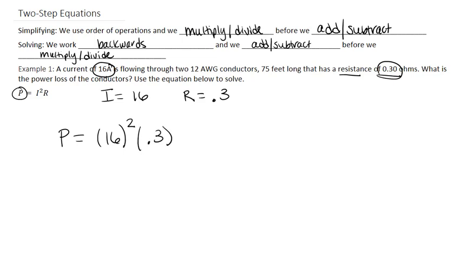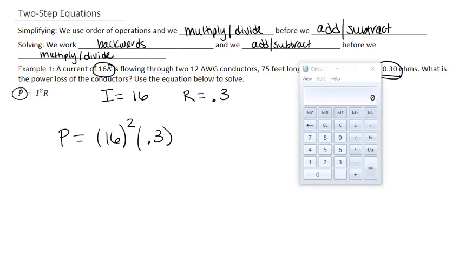So the first thing we're going to do is deal with our exponent, as that's part of our order of operations to first deal with. So we have 16 times 16, because the exponent is just 2 of 16s being multiplied together, which is equal to 256.